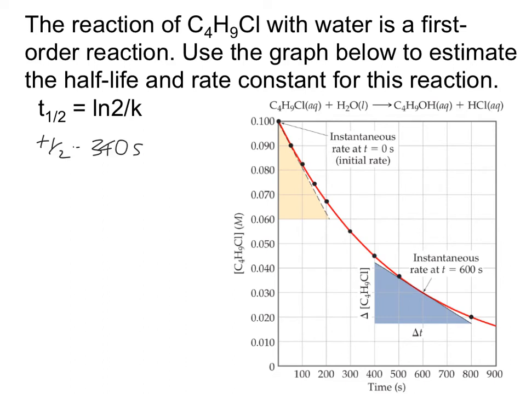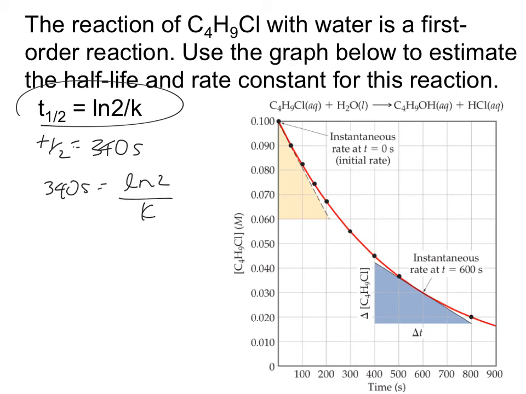Now obviously this is an estimation off of this graph, so people may estimate various numbers. However, you should be in some range that's pretty close to 340 seconds. Now that we have our half-life, we're going to use that and the equation here to calculate our constant. So 340 seconds is going to equal ln2 over k.